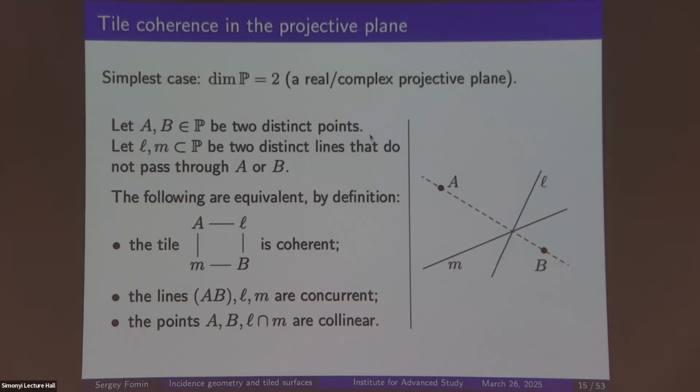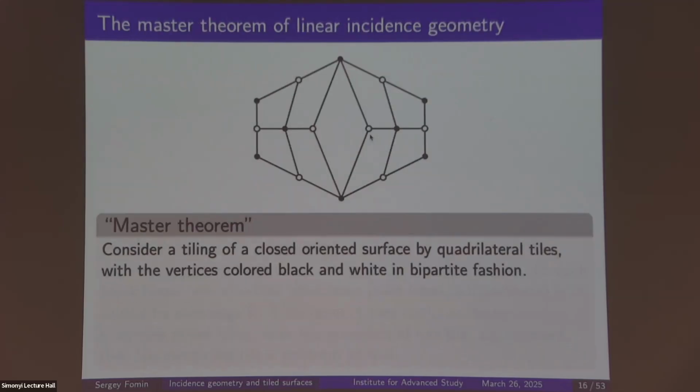So I want the line AB and the lines L and M to intersect at a point. Or equivalently, I want the point A, the point B, and the intersection of L and M to be collinear. Is this clear? That's the condition of coherence. All right. So now the master theorem comes.